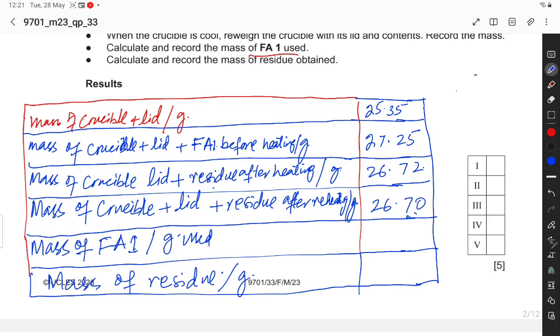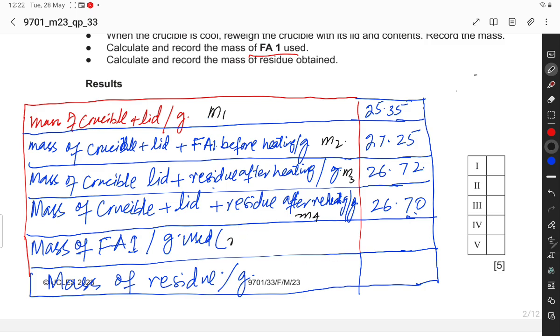And FA1 is, for example, this is mass 1, this is M1, this is M2, this is M3, this is M4.